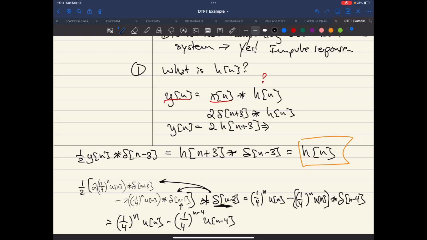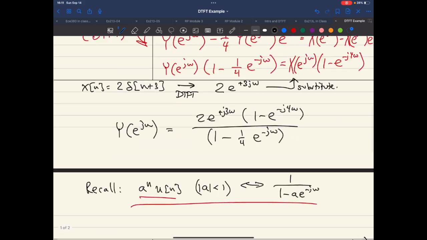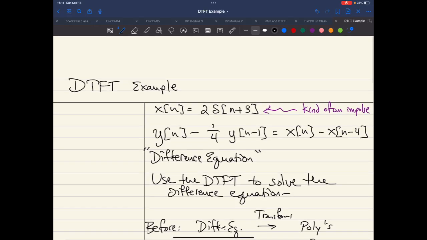This is going to be a nice infinite impulse response. We should be able to see that right away from the difference equation that we set up. Right here in our difference equation, we had a recursion, right? So this feedback loop is going to perpetually give us a quarter of what we had from previous. This here is just going to act as kind of a finite impulse response element that's getting rid of some of the inputs at a later time. So it's shutting off that input almost entirely.